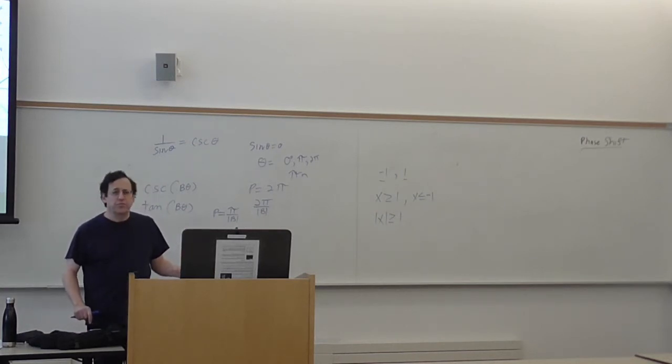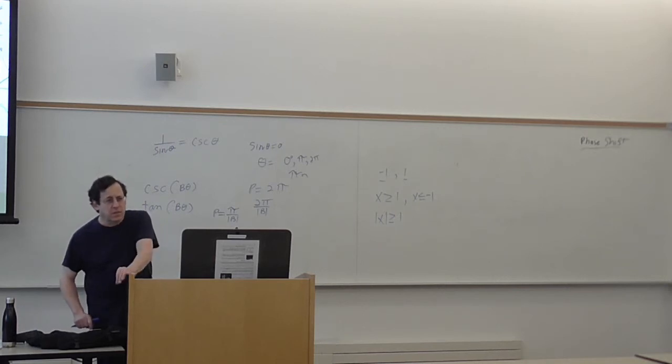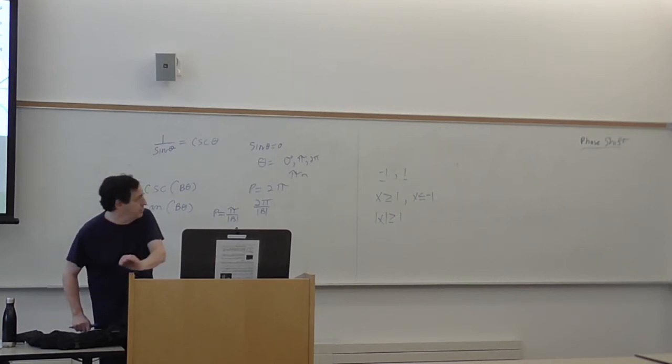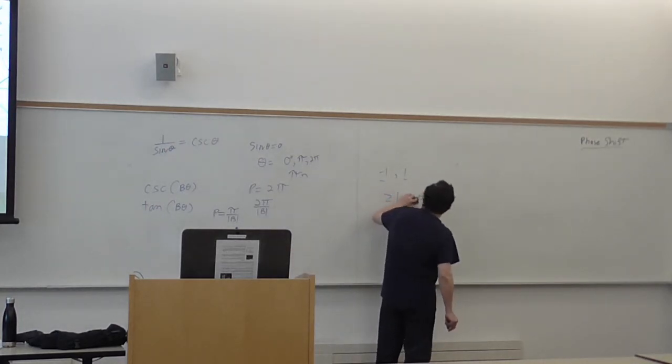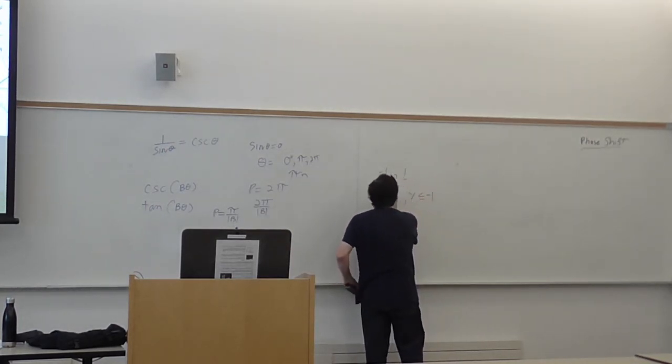Good on graphs of trig functions? Professor, I just wanted to say, shouldn't it be y instead of x? Because we're talking about the range, right? Yes, thank you. Good job.